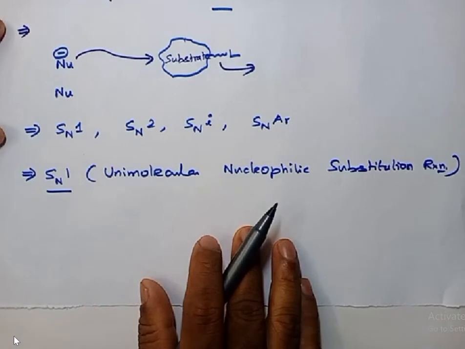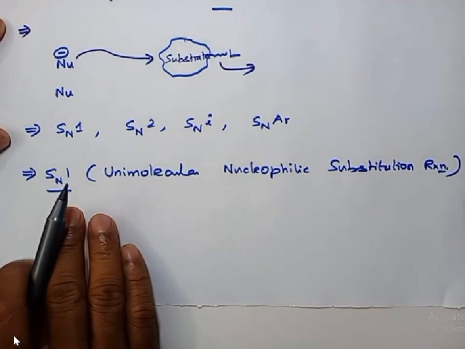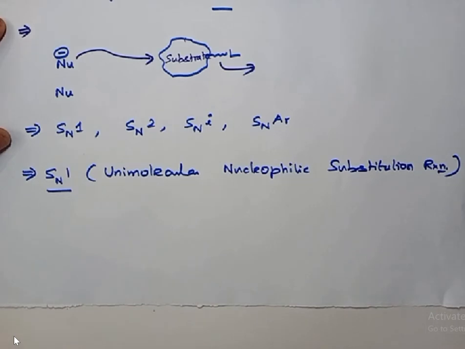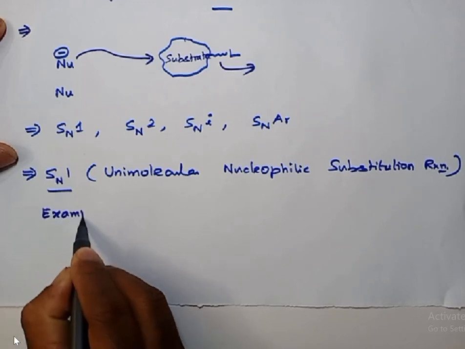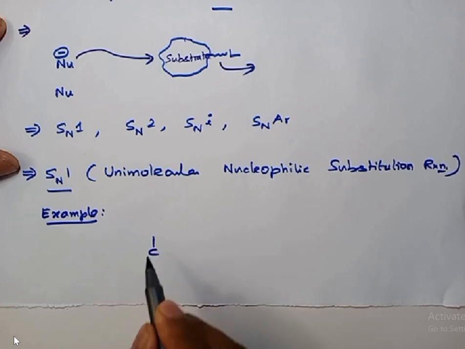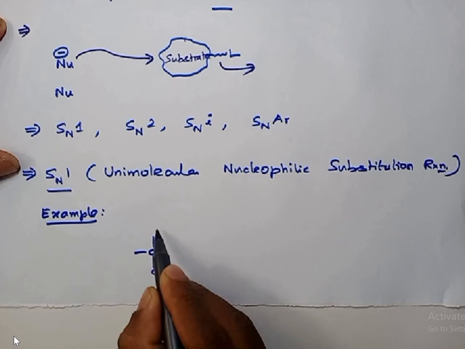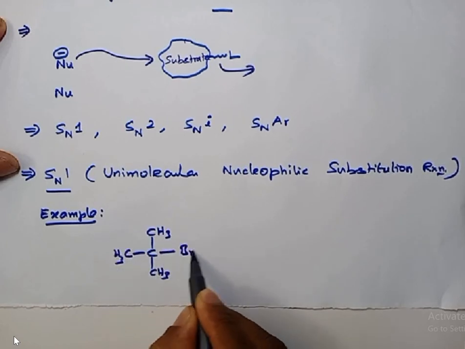First, I'll write an example for an Sn1 reaction. An Sn1 reaction preferably occurs on tertiary halides. So I'll take a tertiary halide, CH3, CH3, CH3, bromine.